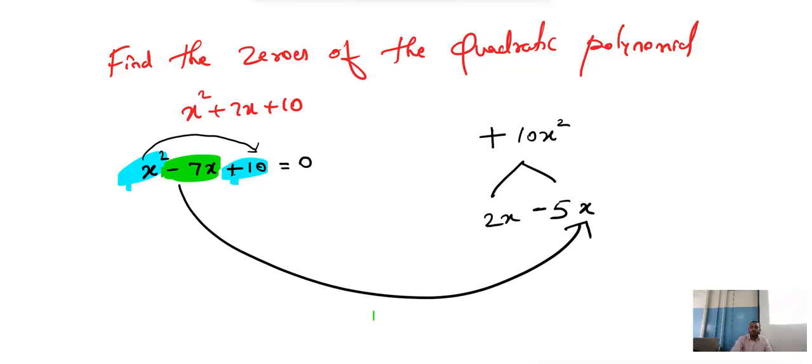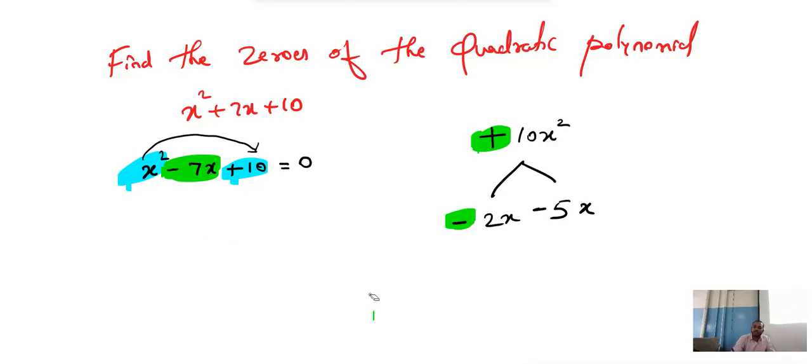Now minus with minus, what sign if you multiply? We know that minus into minus is plus.